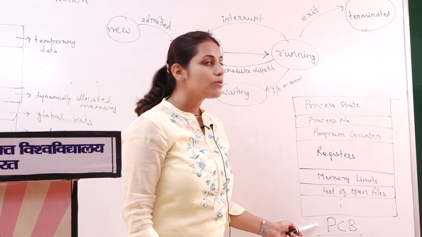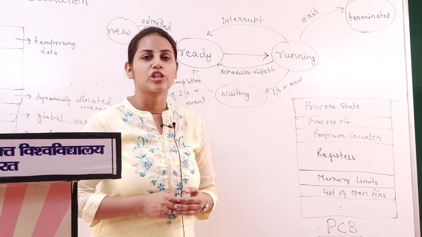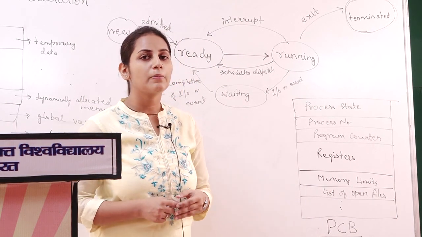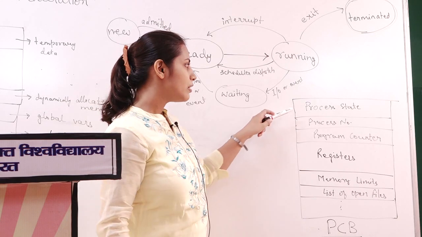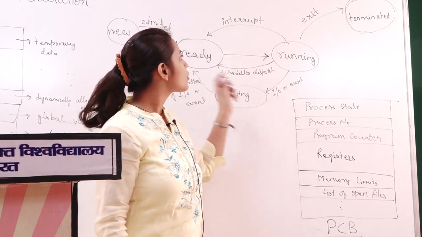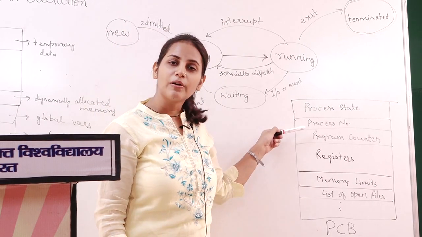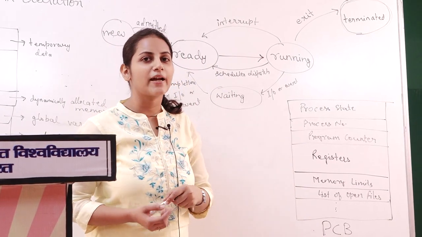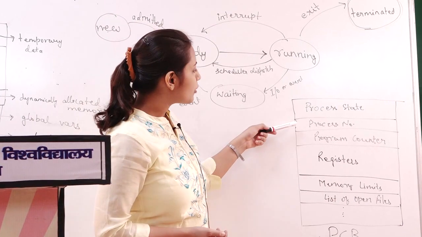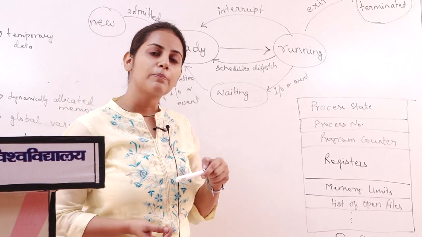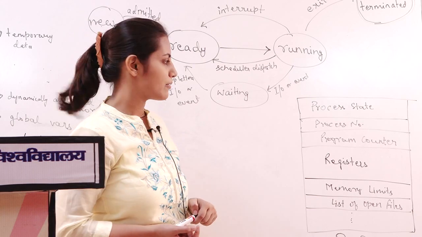So a process control block contains all the information that is associated with a particular process. These are the process state, so in what state the process presently is, then the process number. Every process is identified by a number, so the process number is associated with the process control block of every process.